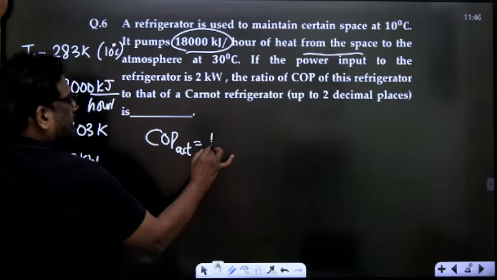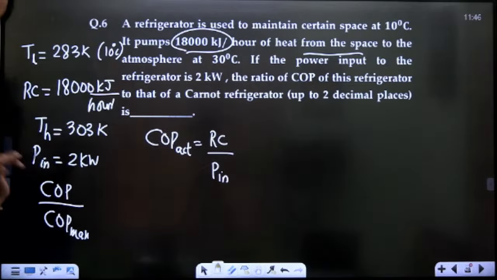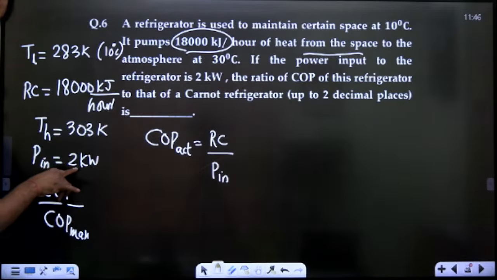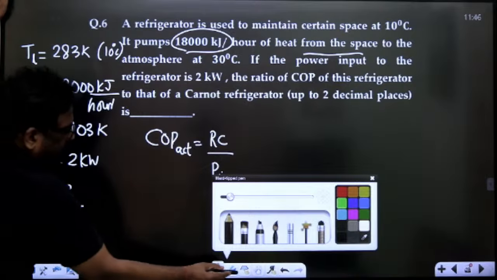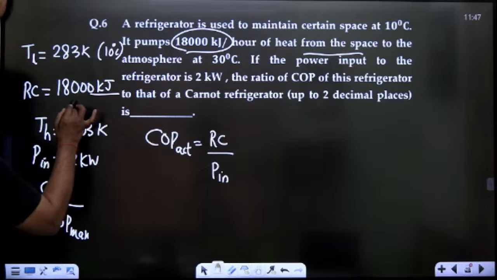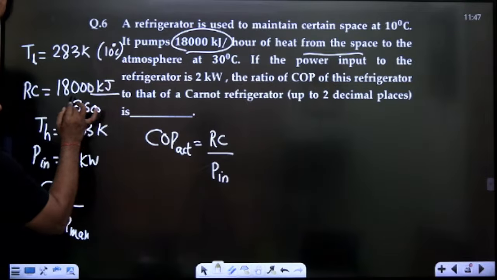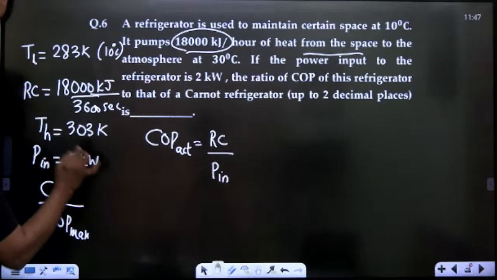The actual COP is RC by power input. What is RC given? And you should be very careful, this power input is given in kilowatt but this is per hour. Can I write this as, मेरे प्यारे दोस्तों, hour को let me convert, so hour per hour, hour means 3600 second. Very good sir, hour is 3600.